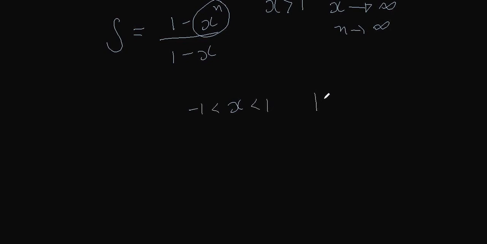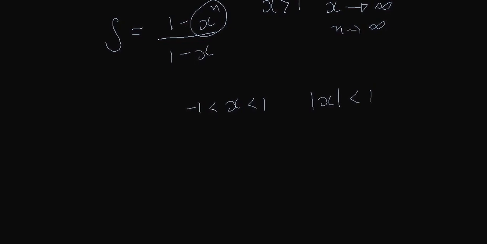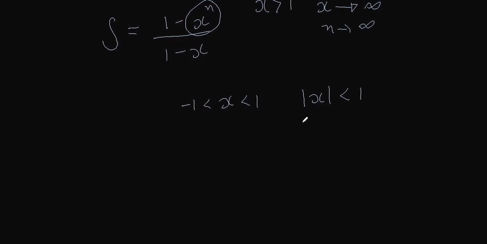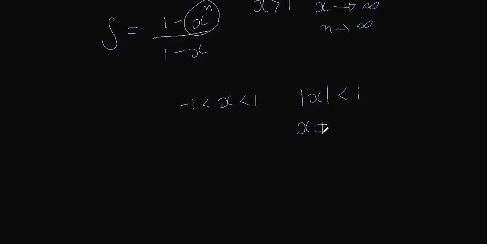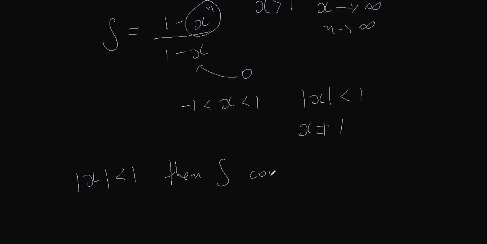That's the same as saying that the absolute value of x is less than 1. And x has to be different than 1, because the sum is not defined for 1, remember, because if x is equal to 1, the denominator is equal to 0. So if the absolute value of x is less than 1, then s converges.